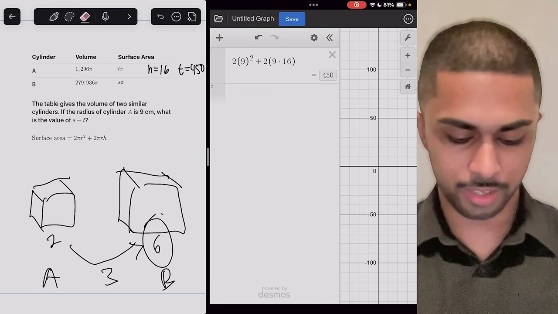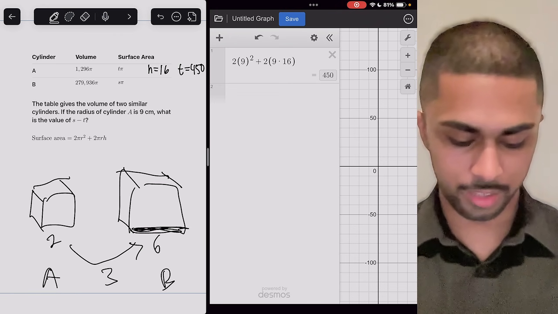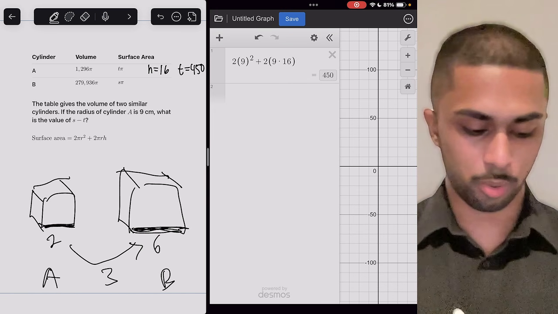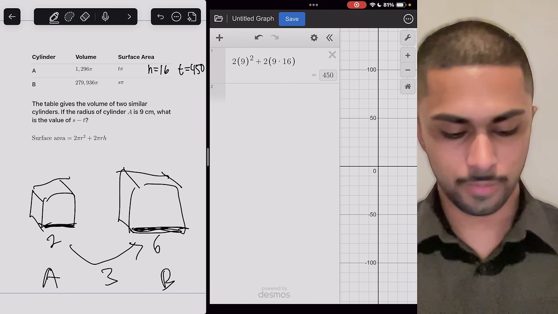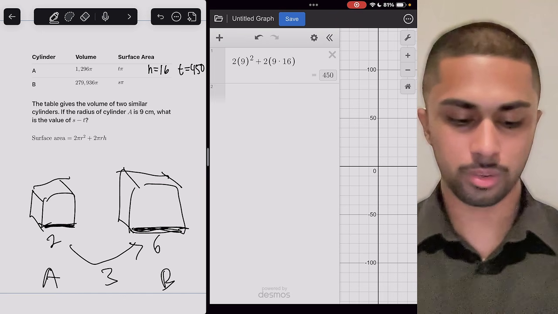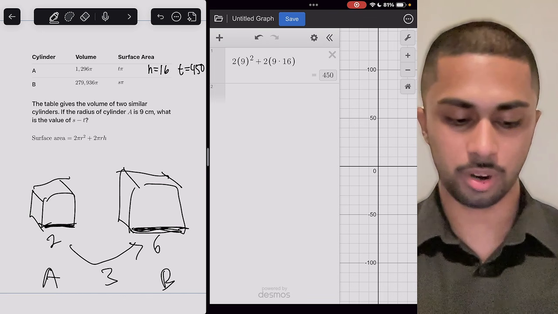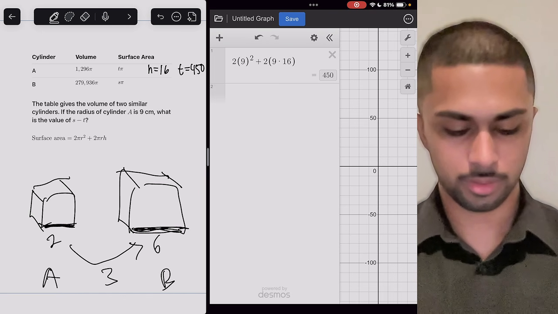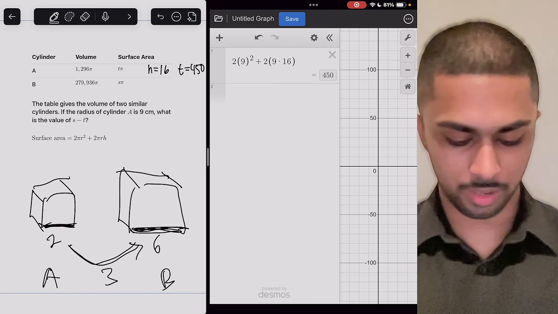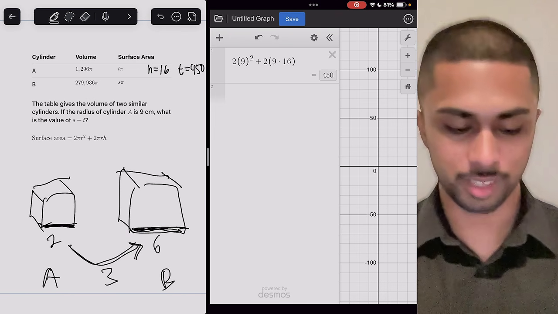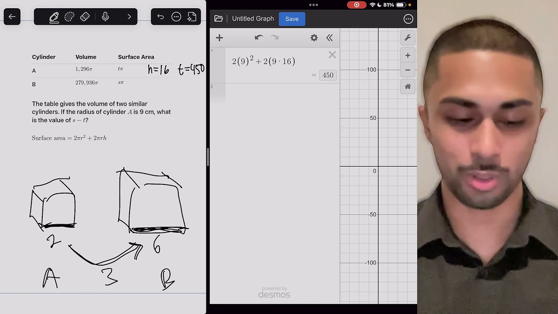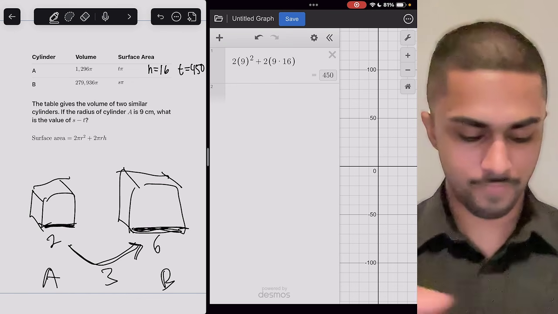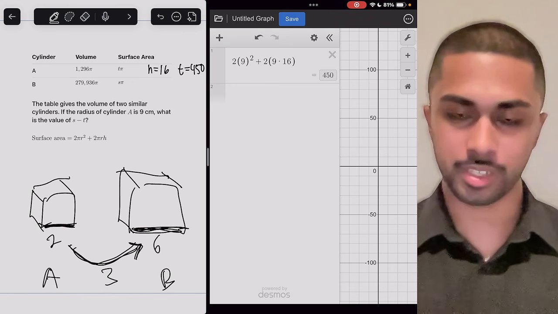Because every edge, or let's say this edge and this proportional edge, is 3 times as big. Scale factors only work when the two 3D shapes are similar. I mean, all cubes are similar, but my point is if two 3D shapes are similar, there's always a scale factor.